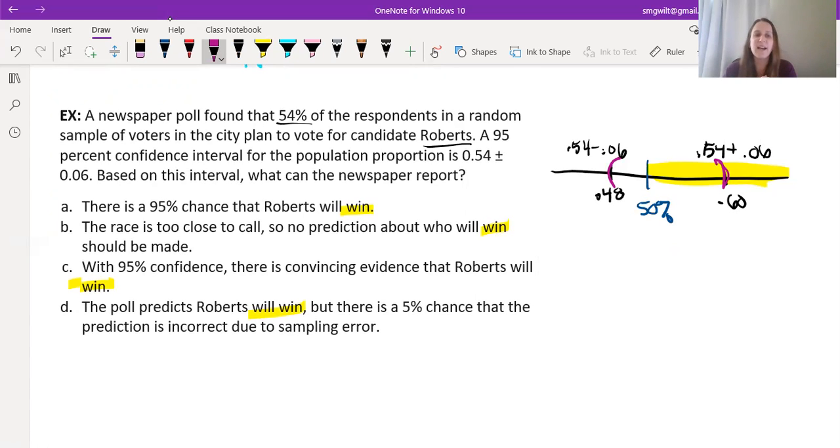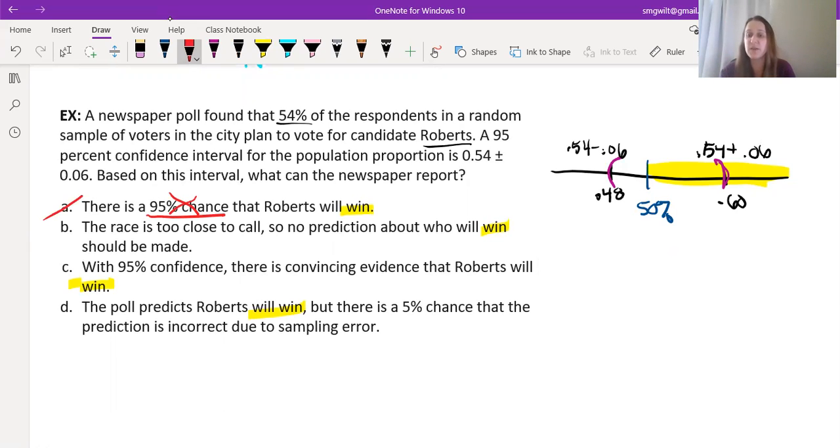Okay, so looking at these options, you're looking for 95% confidence. This first option where it says 95% chance, you should automatically eliminate because it doesn't say anything about confidence. Notice that A and C are saying something similar. It's talking about him winning, but one's talking about a confidence interval and one is saying chance, right?